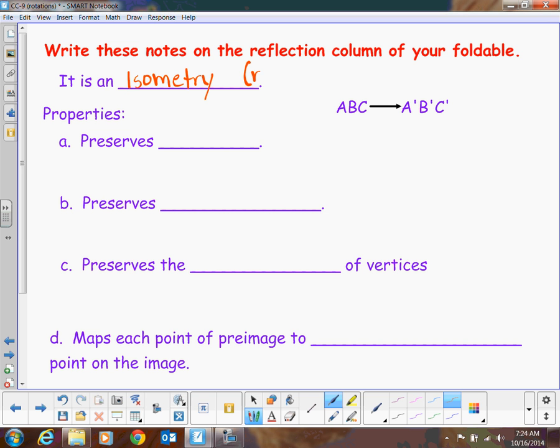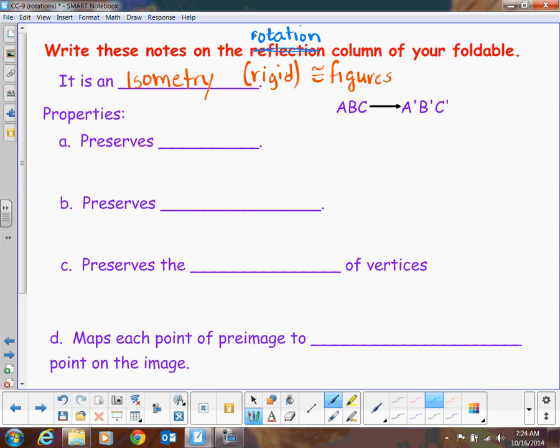Isometry means rigid. Rigid means congruent figures. Oh, sorry, I didn't bother to change this. This should be on the rotation column.